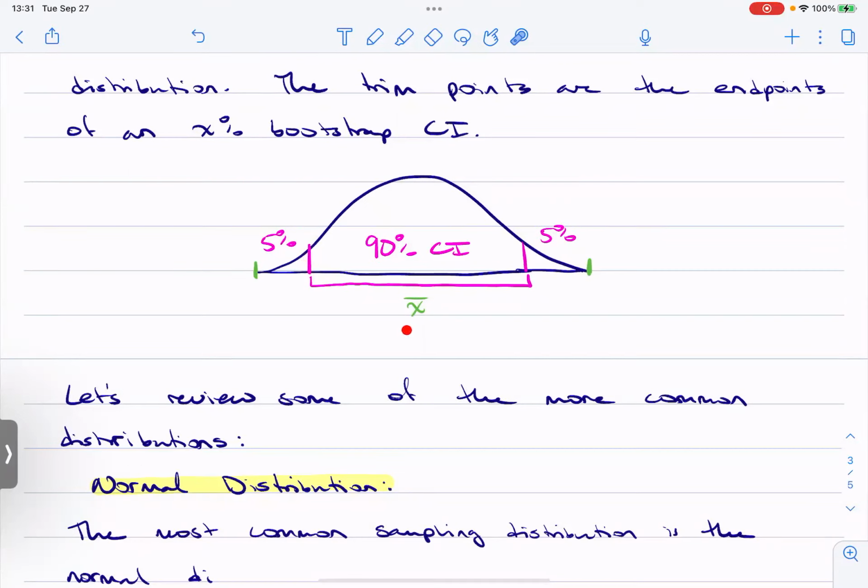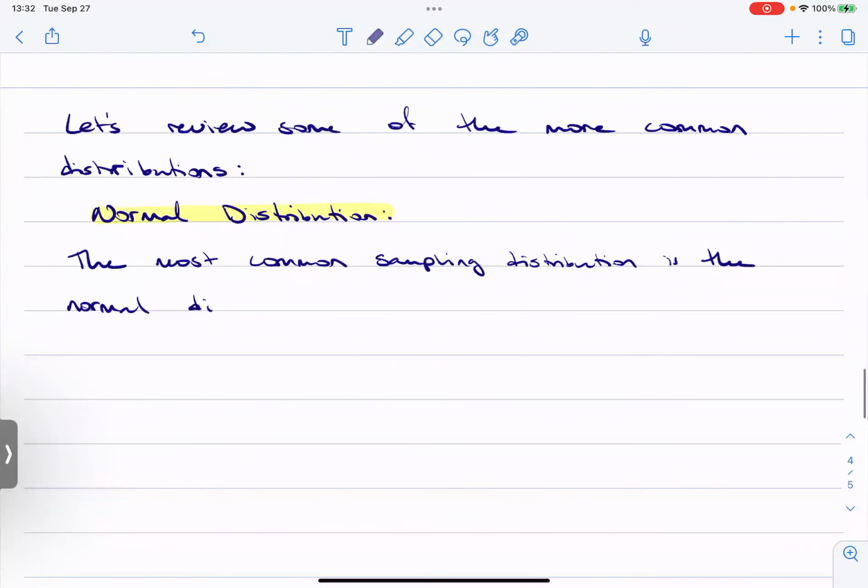I have a list of X bars, I can just count the proportion of them that were less than 30, and that's the probability. So I can just use that raw information, which is kind of weird.